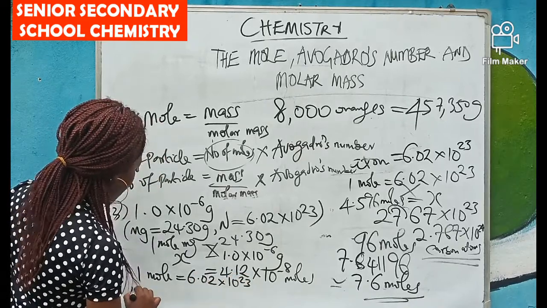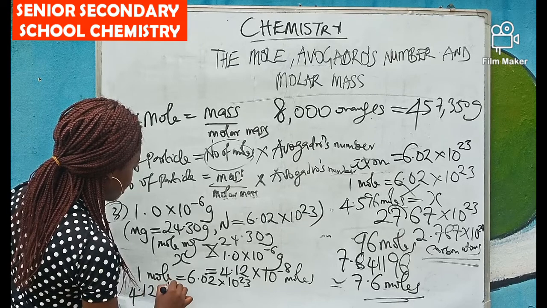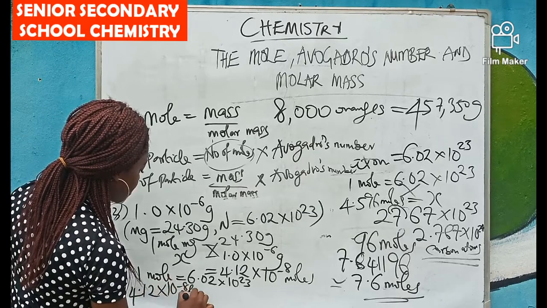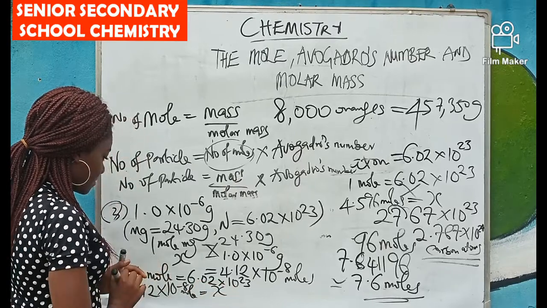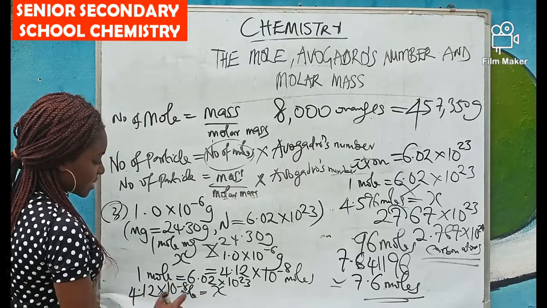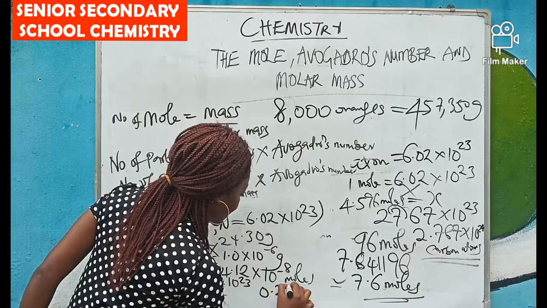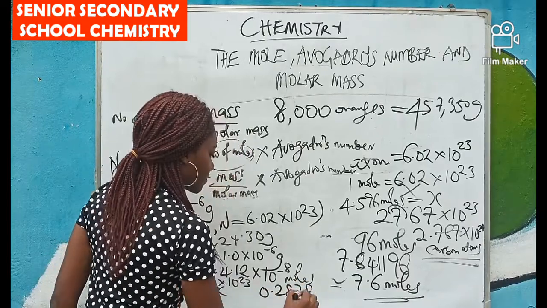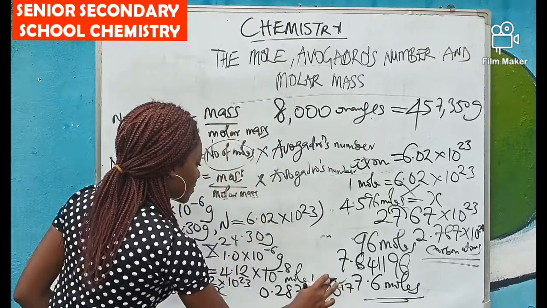Then 4.12 times 10 raised to the power minus 8 mole should be equal to x. Now if I cross multiply, this times this should be giving me 0.2878 times 10 raised to power 17.